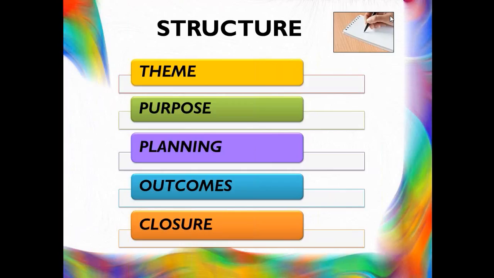So the structure involves these steps. The theme, that is the main word involved in the teaching learning methodology, that is POGIL. The purpose talks about the objective of this methodology, this technique. Planning speaks about the methods by which this particular activity learning is carried out, wherein design and implementation are also addressed.